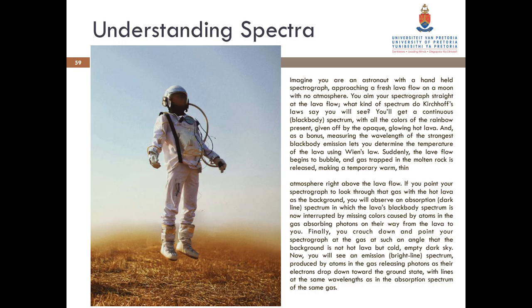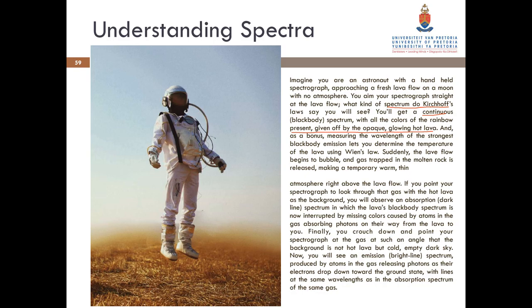Which spectrum do Kirchhoff's laws say you will see? You'll get a continuous blackbody spectrum with all the colors of the rainbow present, given off by the opaque glowing lava. The reason is that it has to be a liquid, a solid, or a high density gas. That is why we get a continuous spectrum.